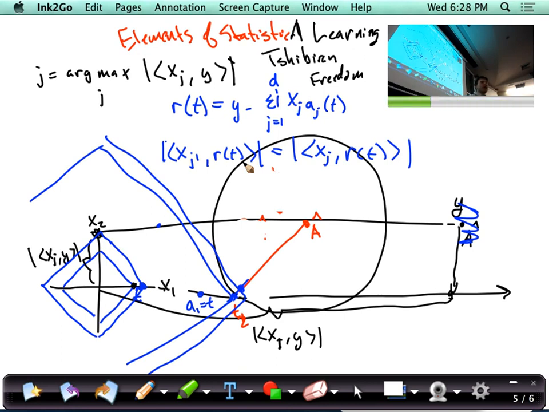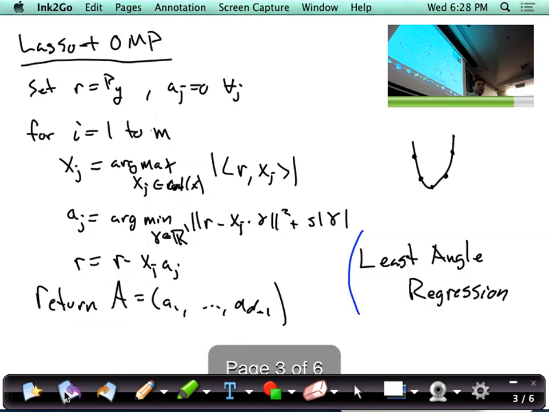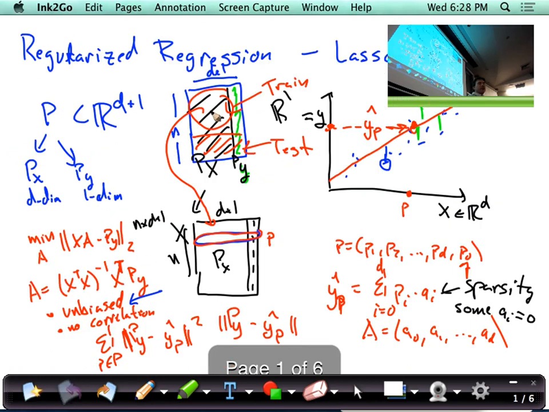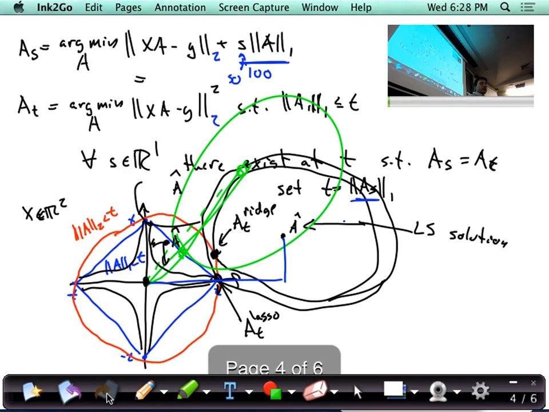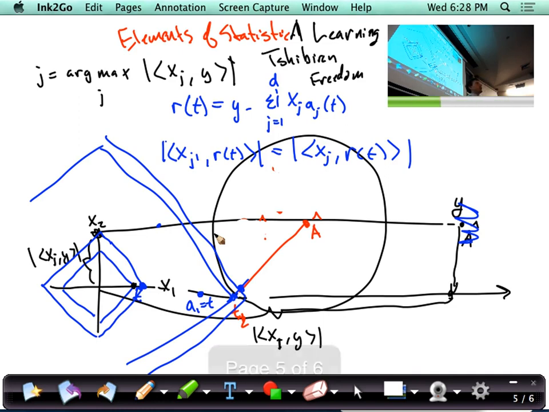So it turns out if you're maintaining these residuals and these values A, then if your data was broken down into this training set and this test set, then as you're doing this, you can maintain the performance on the test set, right? Because you're linearly increasing this, the performance is going to be continuously deforming. And so you can maintain the score.